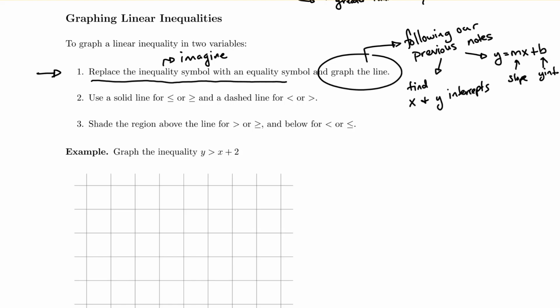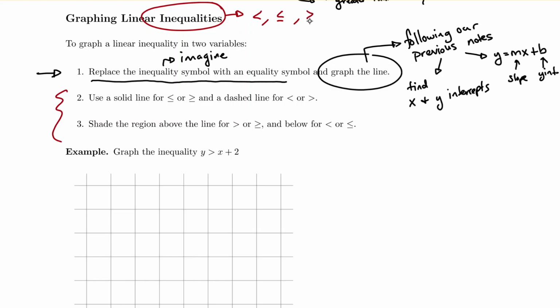Now, just as a reminder, this is definitely the faster way, but it only works if the equation is given to you in y equals form or if you algebraically rearrange it to where it's y equals. This will work no matter what, but it is slower. So once we know how to graph the line, then the new information comes from focusing on the inequality. Now, inequality just means these symbols.